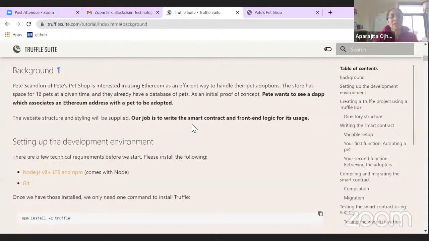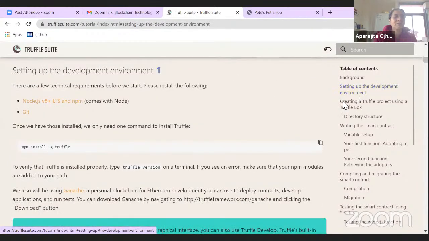Our job is to write a smart contract and front-end logic for this usage. On this side, you will find setting up the development environment, how we will set it up. There are a few technical requirements before you start. All this will be explained in detail later by Samir.